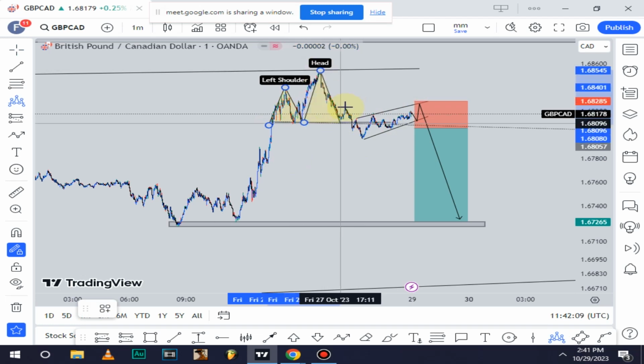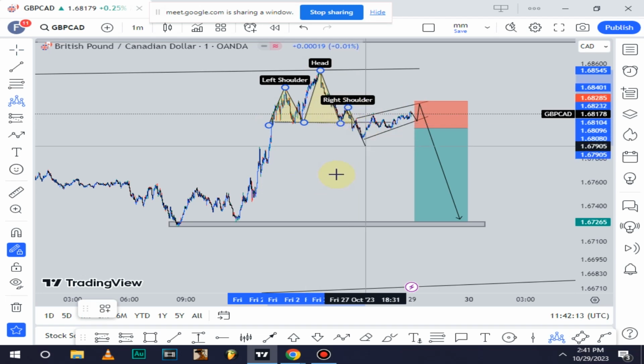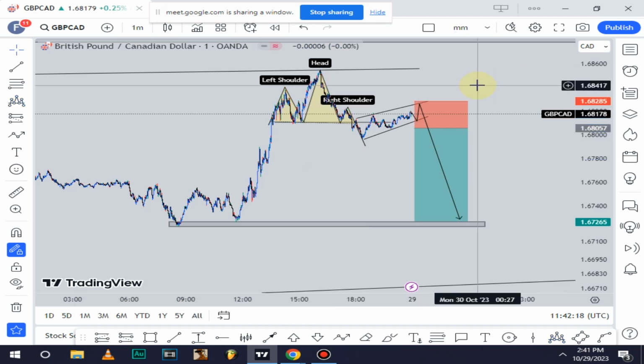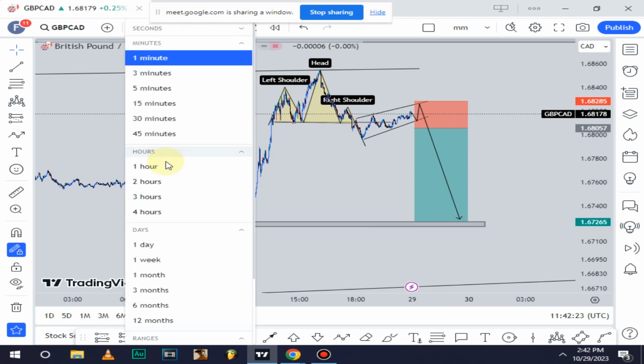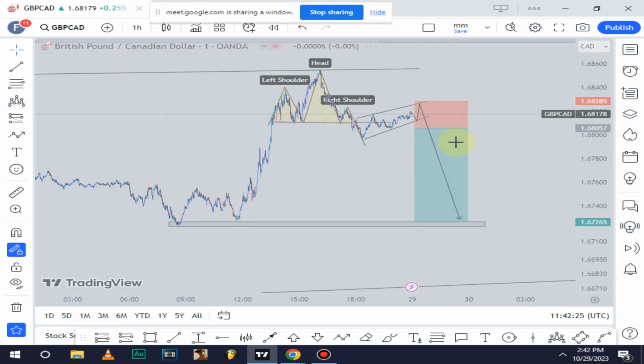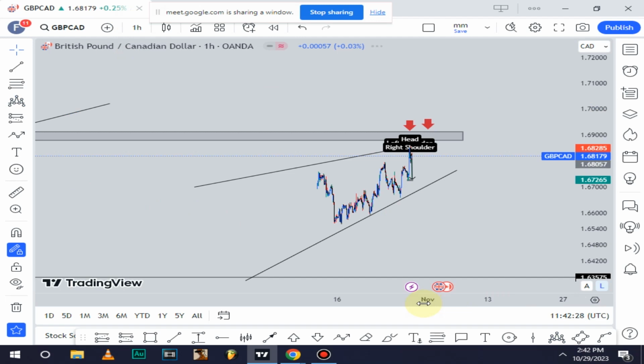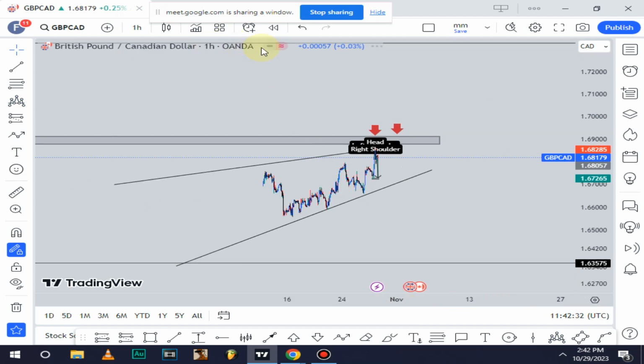We can call this a mini right shoulder, just like that, and now it has broken and it's trying to give us some sort of a correction to go down. I hope that makes sense, gang. Yeah, sure. Only for the scalpers, but that is 70 pips. 70 pips can be good for day traders too. So we should be seeing how that happens.